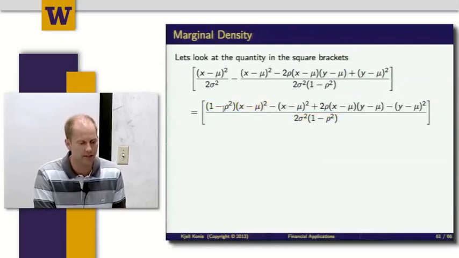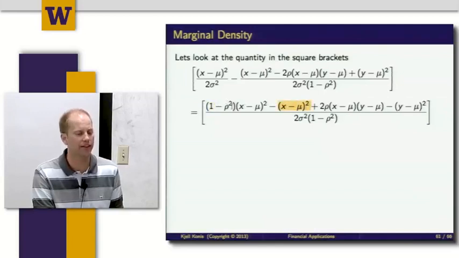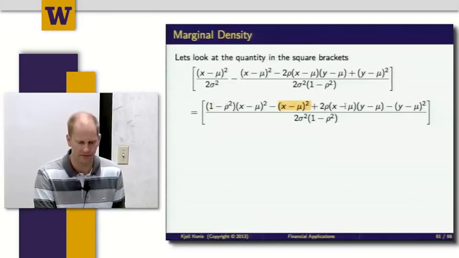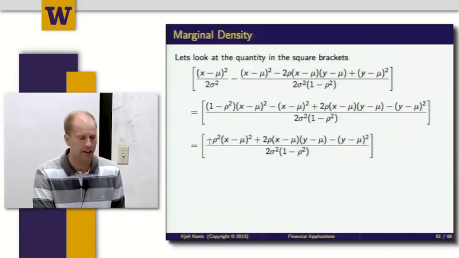And if you look at this carefully, I have 1 times x minus mu squared minus x minus mu squared. So this 1 is going to disappear. This whole term is going to disappear, and what will be left is negative rho squared times x minus mu squared. So let's hope that that's what I've done in the next step. Yep. So I have negative rho squared times the quantity x minus mu squared.